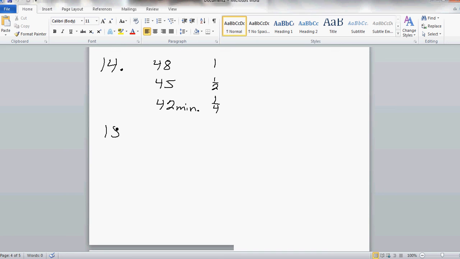Example number 15. We are going to use A equals P times 1 plus R over N, that quantity raised to the NT power, and all of the information is given there. A is the final amount, P is 6,000, the initial deposit. So it's just really a matter of plugging it in and calculating.